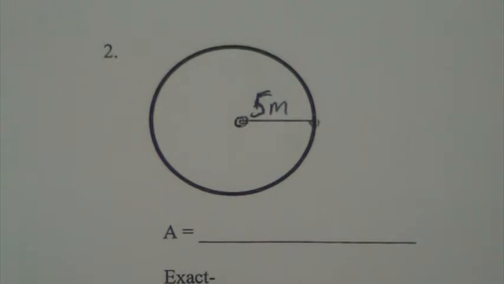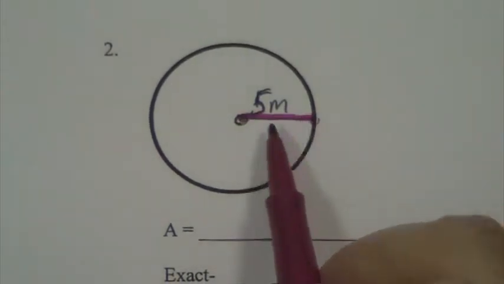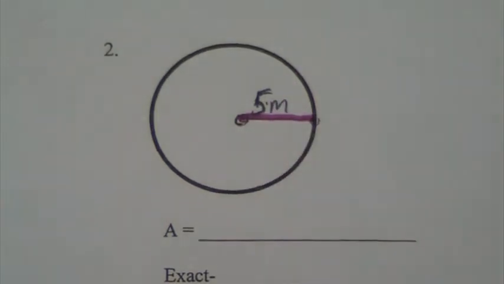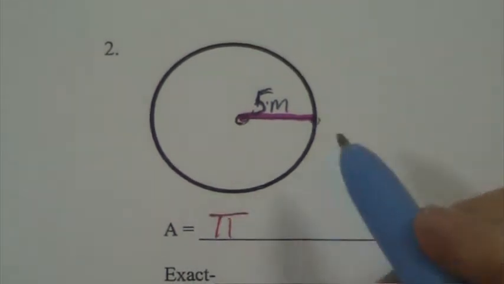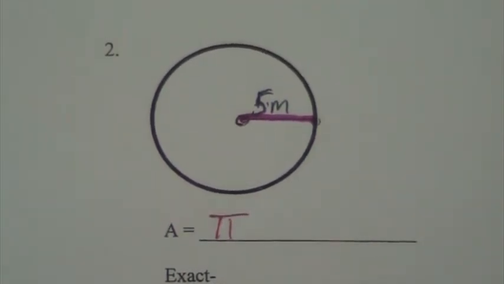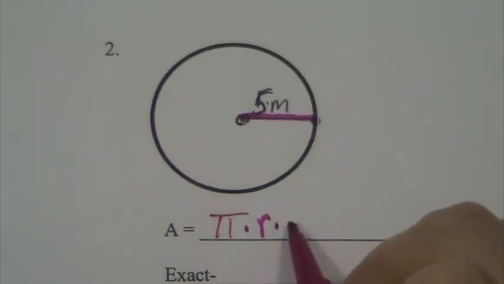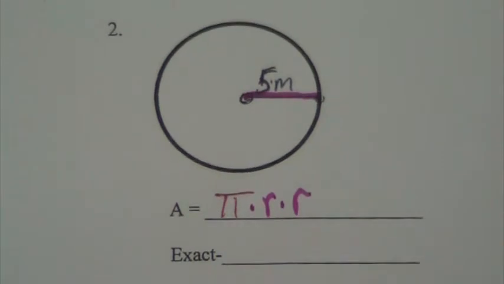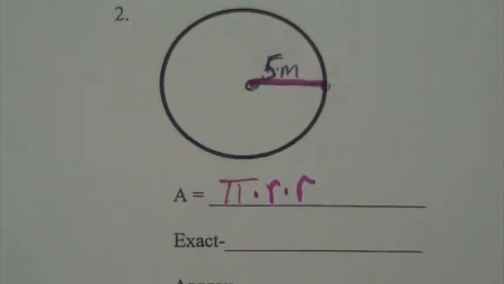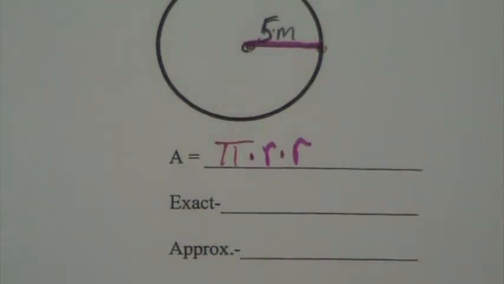Okay, here's our second example. We just have the radius, 5 meters. Good, that makes it easy for us. So we know our formula is pi times radius squared. That's r times r. I'm going to do the approximate value first. I'm going to put 3 for pi and try that out.